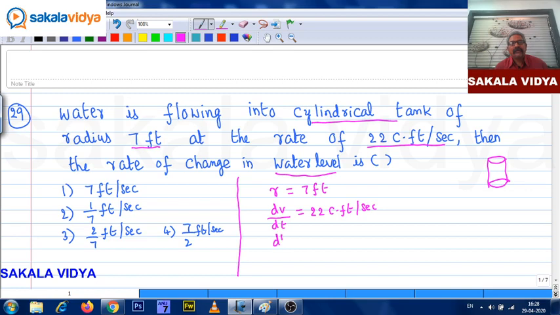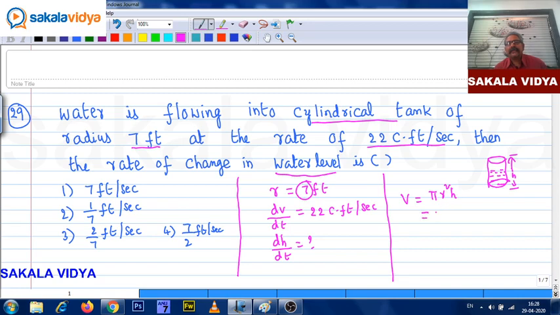Now we need to find out dH by dt. Now r is fixed, as the water level increases, only the height varies, h changes. So the volume of the cylinder is V equals pi r square h, but r is fixed, 7, substitute here.